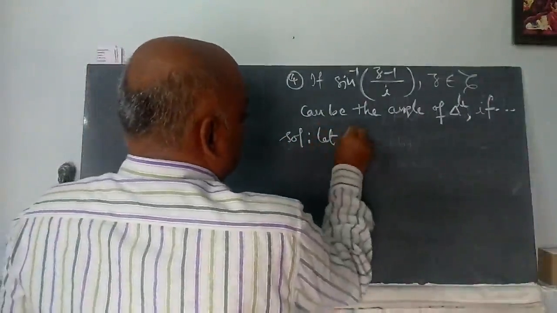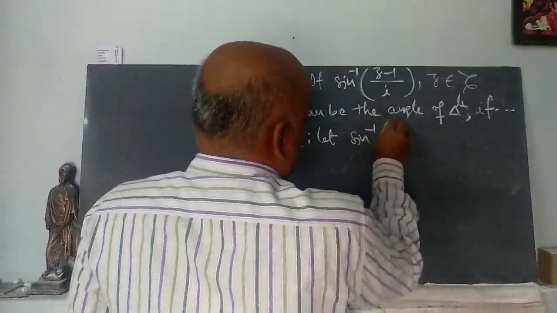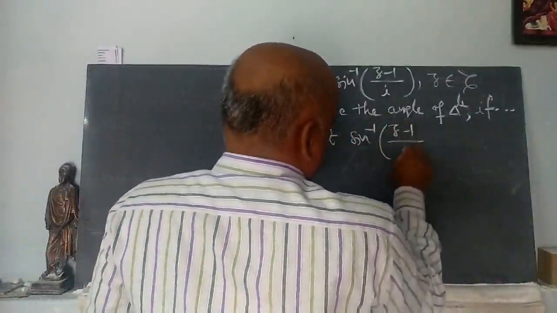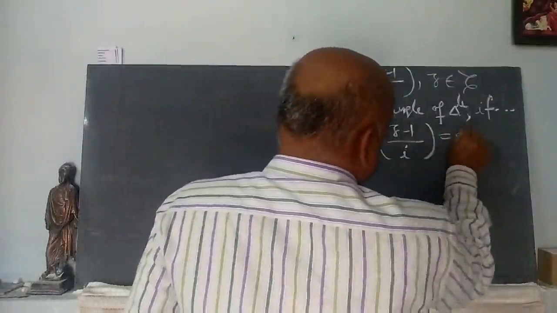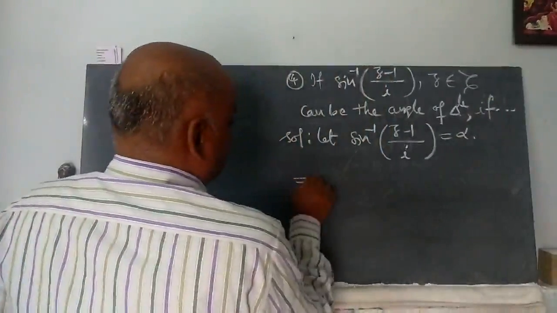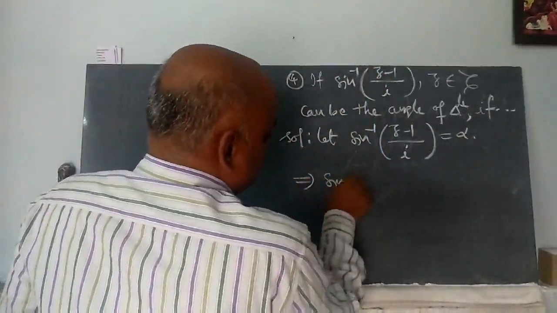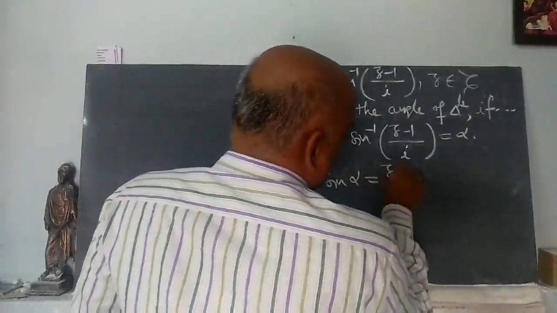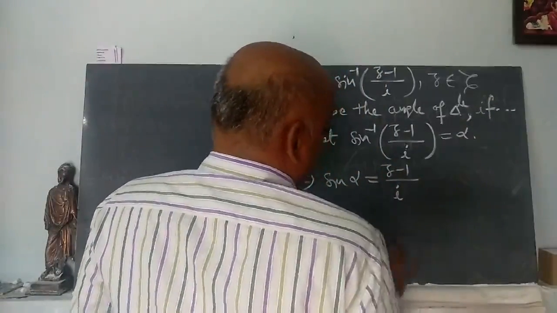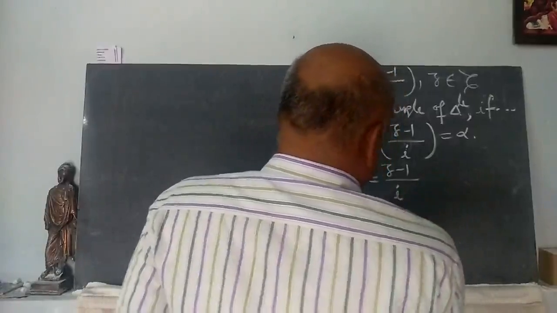Let sine inverse of (z minus 1 by i) is equal to alpha. This implies sin alpha is equal to z minus 1 by i, which is real.